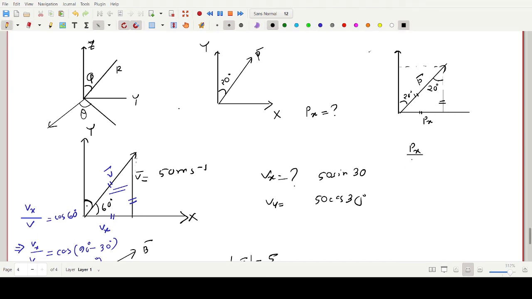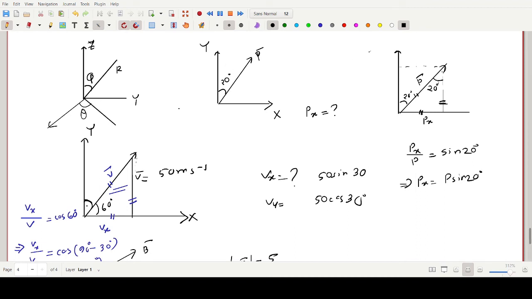Oh, sorry, sir, it's cos, cos 20°. Yes, so sir, Px equals P cos 20°. Wait a second, have I made any mistake? This will be the perpendicular, so this will be sine 20°. This is theta, this is the perpendicular, this is the base. So Px equals P sine 20°.